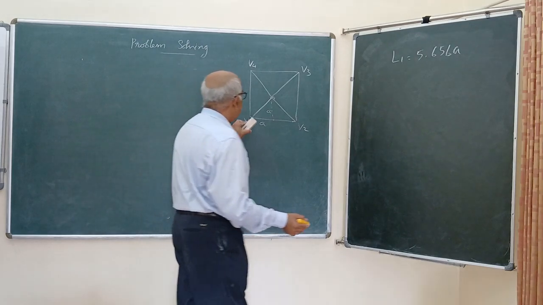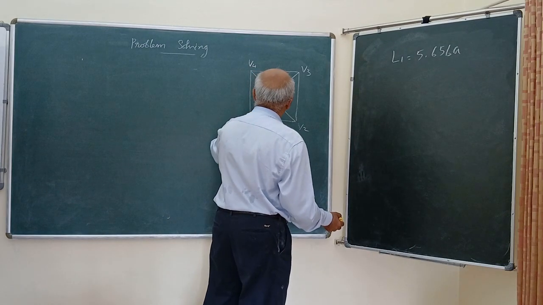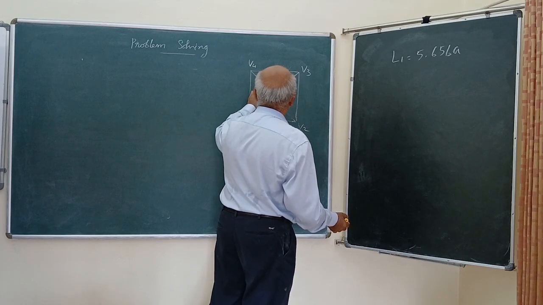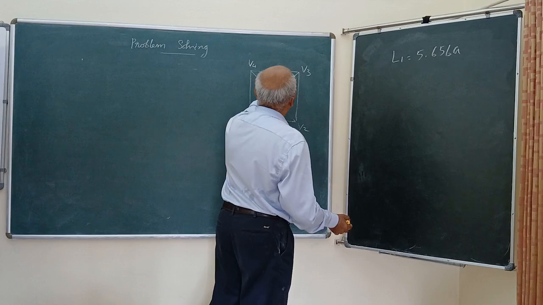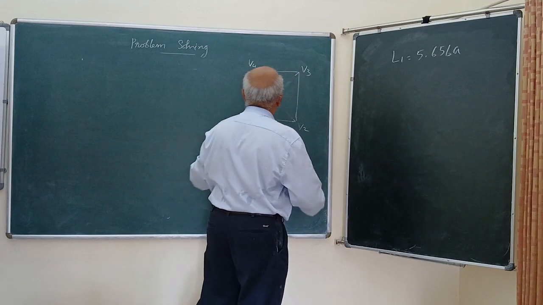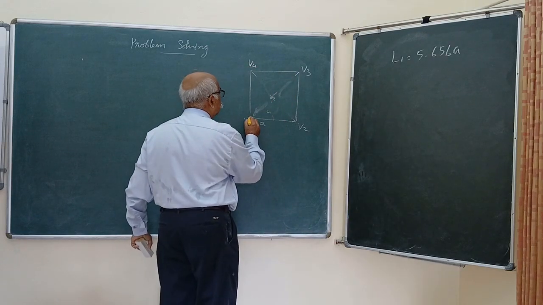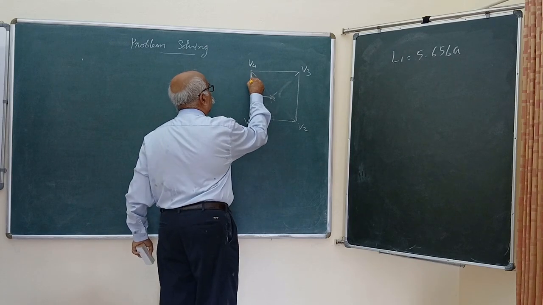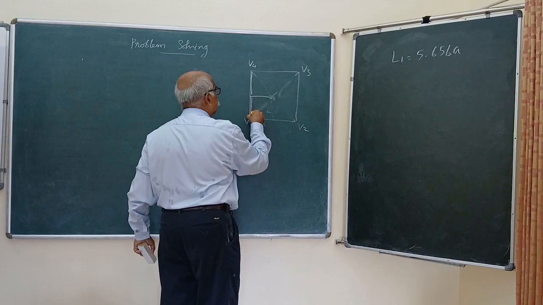And one such case we will address first before coming to setting up a general problem to be solved. Suppose from V1 it goes this way, you can construct roads.